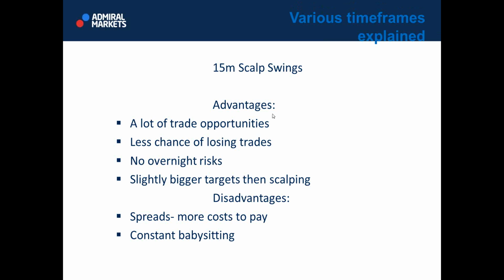Bigger targets: you can aim for 30-50 pips, and it allows you to use a trailing stop. I'm not saying that you cannot use a trailing stop on scalps and scalp swings, but not all traders know how to do that. I already explained in the webinar how to turn scalps into scalp swings and scalp swings into intraday.